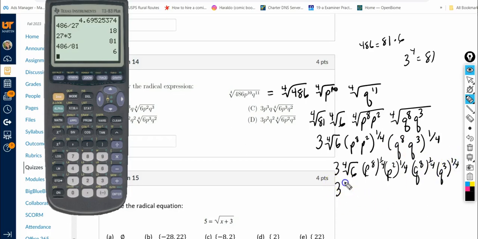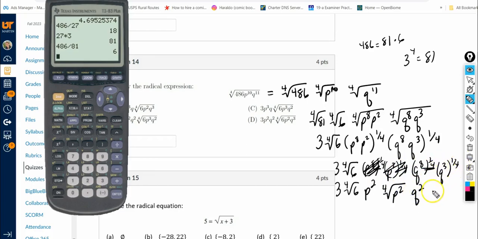Okay. Now, if I multiply there, 8 times a fourth is 2. So I'm going to get p squared. If I multiply here, I'm going to get p to the power of 2/4. And this is just the fourth root of p squared. I might leave it like that now. Here, if I multiply, I'm going to get 8 times a fourth, which is 2.